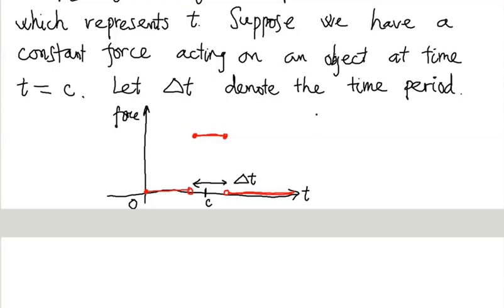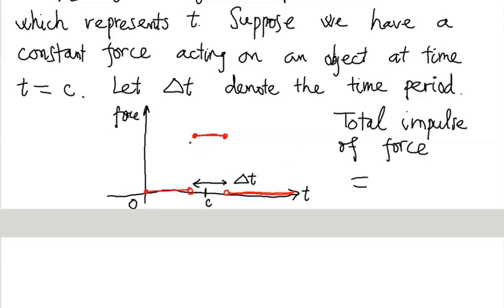Now we define the total impulse of the force. It is the area given by the graph here, the area between the graph and the t-axis.